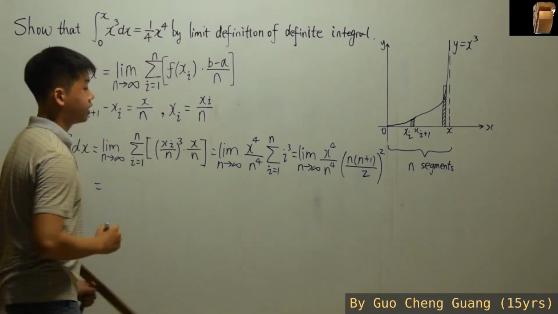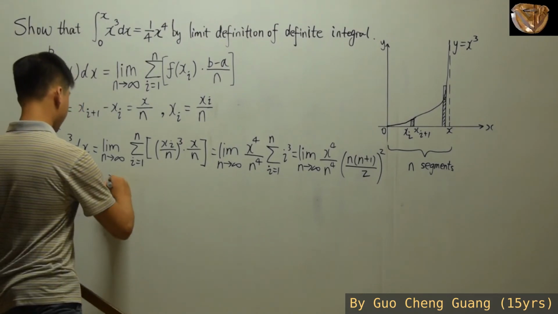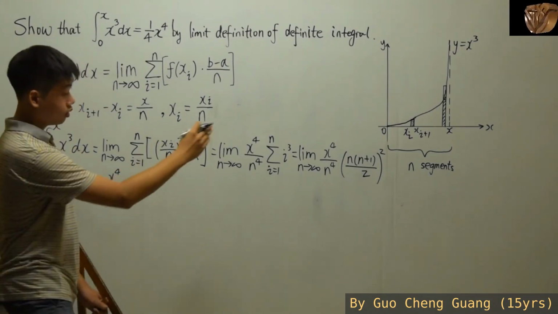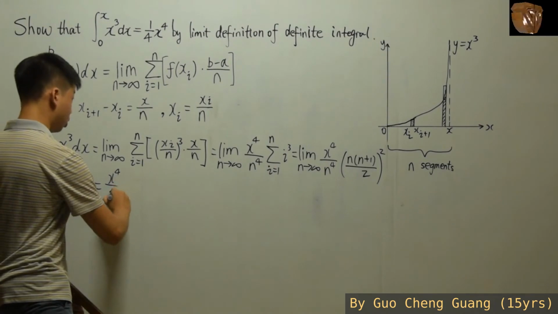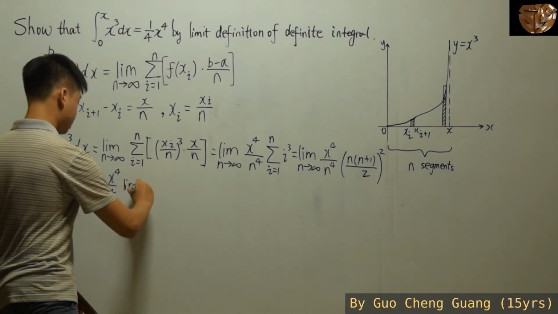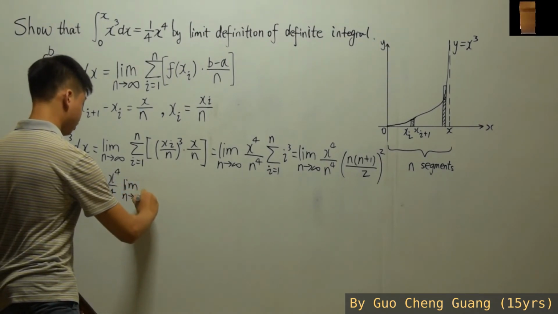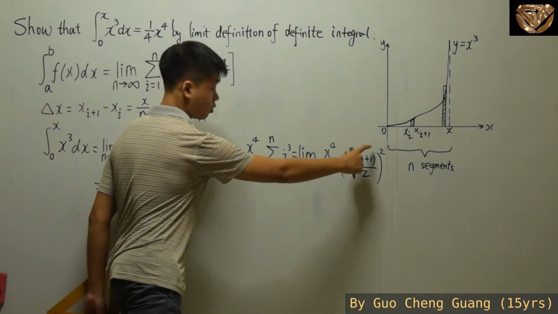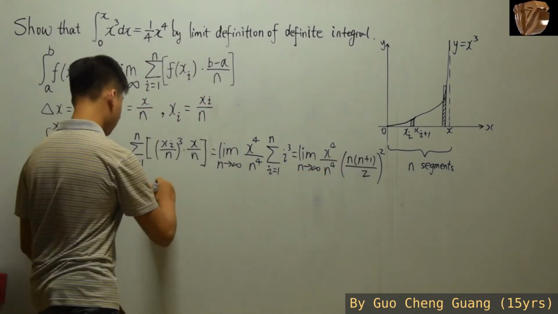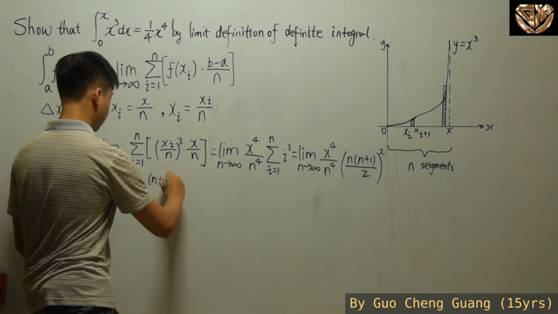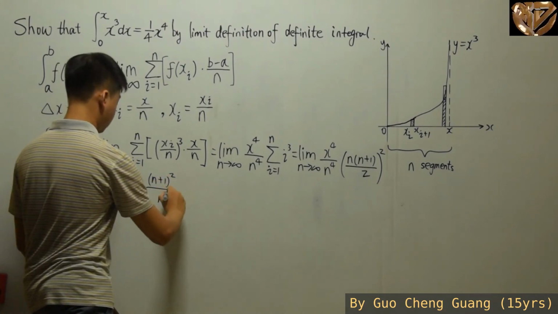So once again, we can take out some irrelevant things like x to the power of 4 divided by 2 squared, which is 4, and then limit n approaches infinity. So you do realize there's an n squared here, where you can immediately simplify with this. Then you have n plus 1 squared divided by n squared.